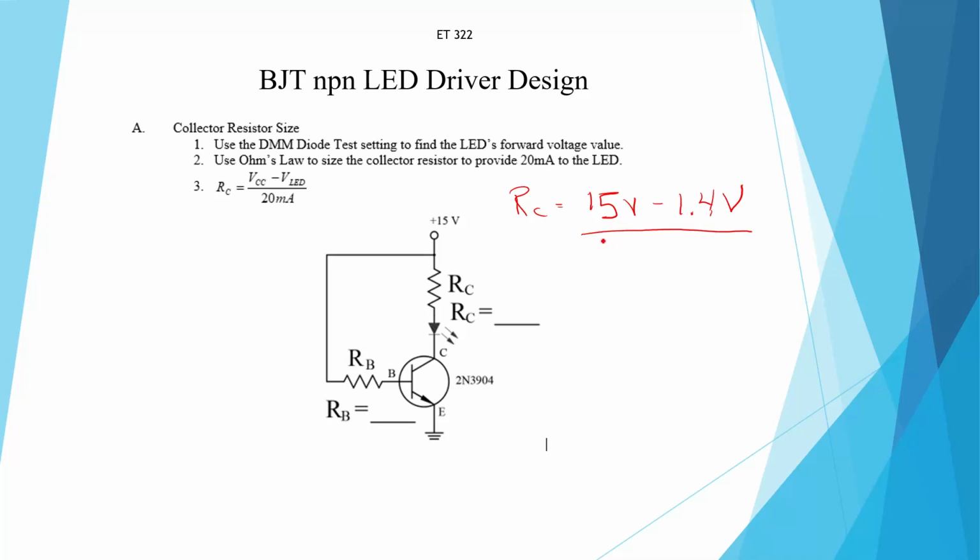We want our diode to light at 20 milliamps, so we divide by 20 milliamps. Let's break out our calculator: 15 minus 1.4 equals, divided by 20 E minus 3, and I have 680 ohms.